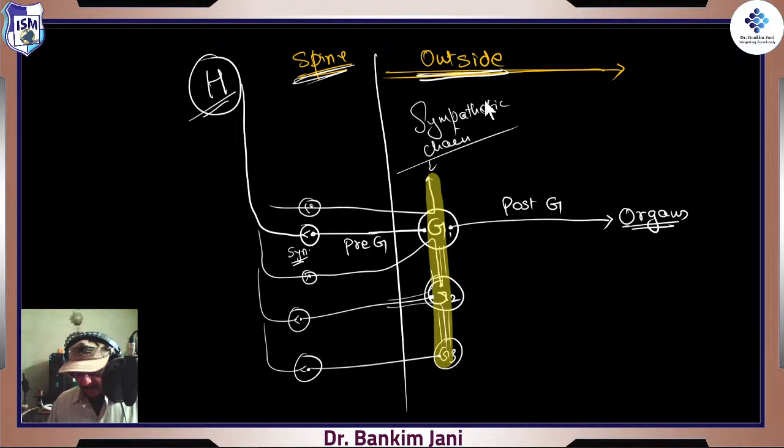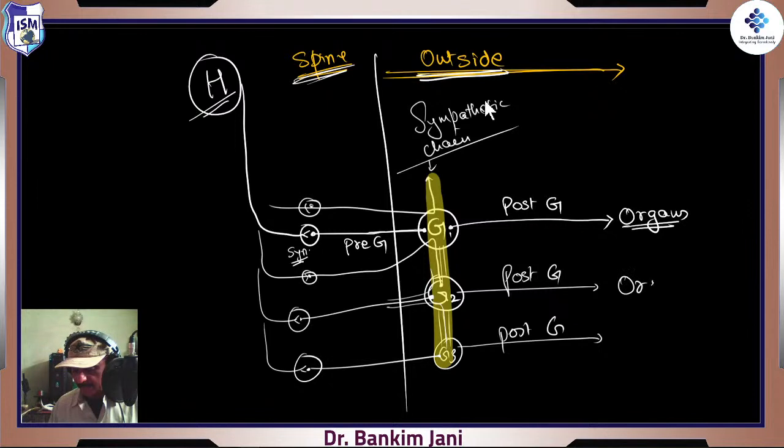And then there are postganglionic fibers which are going straight. And they will go to various organs, organ 2, organ 3, and that's how they will be giving to various organs. This is simple as straight. No confusion in this. Now we add something extra.